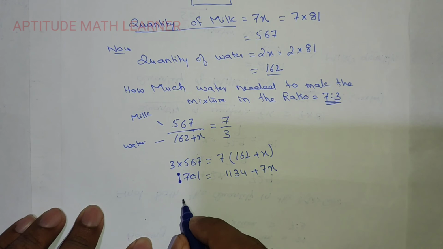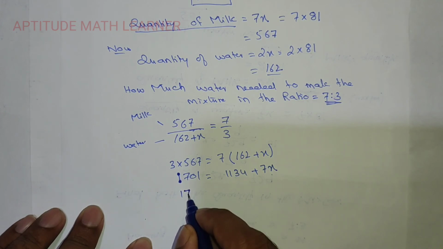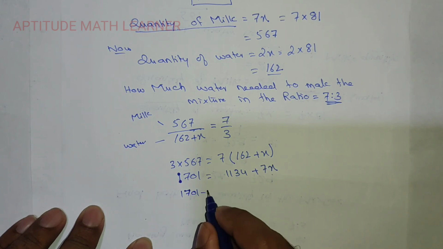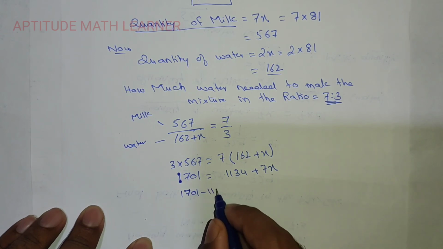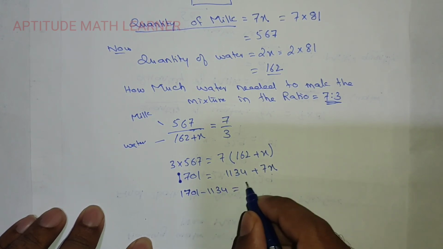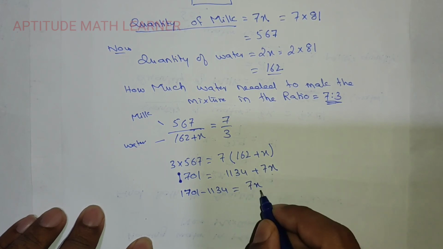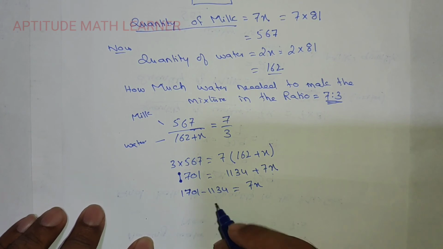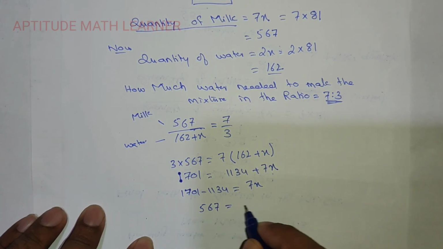Further, 1701 minus 1134 is equal to 7x. If we subtract, we get 567 is equal to 7x, so x is equal to 567 upon 7.